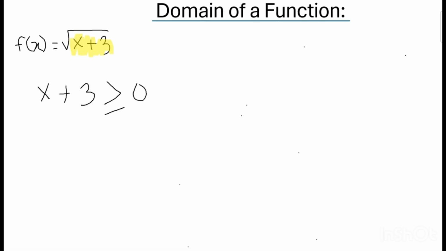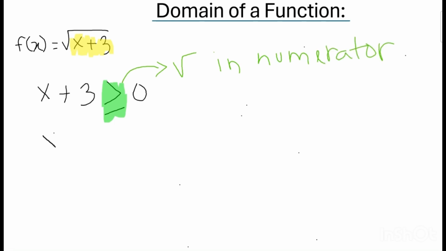In this case, our x can also be equal to 0 because the root is in the numerator. By subtracting 3 on both sides, we get x is greater or equal to negative 3. That's all. This was an easy one.